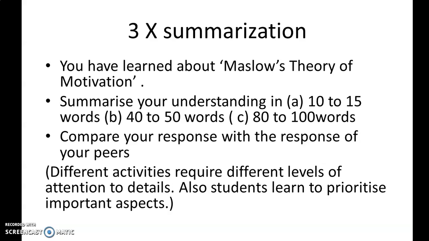Whereas if you are given choice C, 80 to 100 words, then it will be a slightly longer answer. After the students summarize their understanding of the topic in all three ways, they can compare their responses with the responses of their peers and thus find out if they have missed out on any vital points.